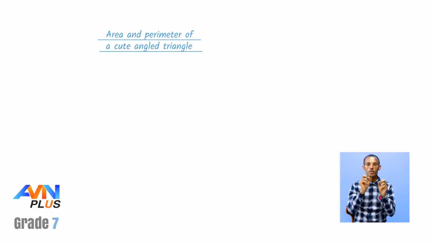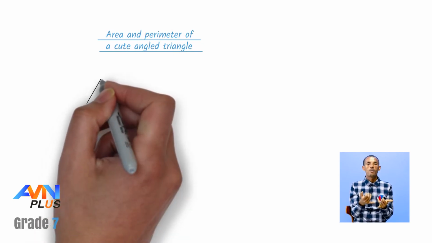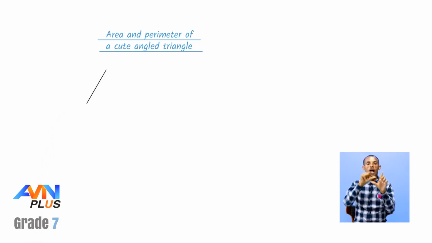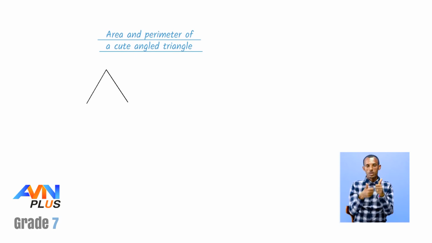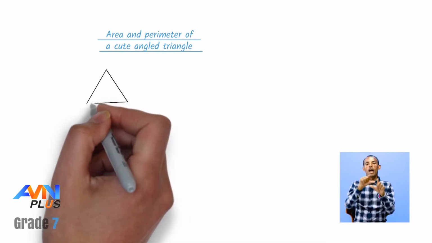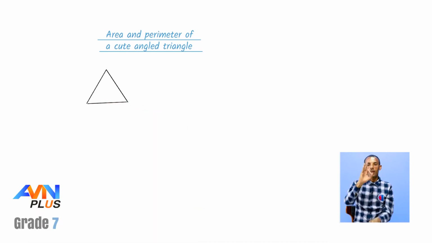Okay. Now here an acute angle triangle is a triangle in which each angle is acute, or less than 90 degrees. So how do you calculate the area of such a triangle?